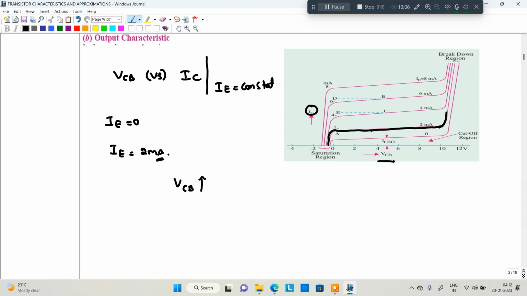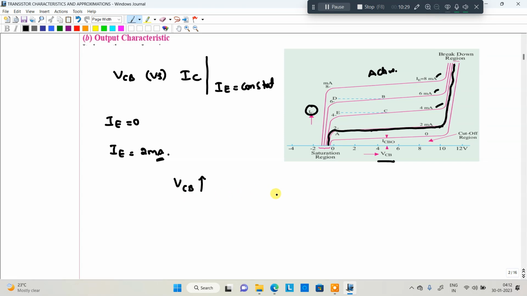Once it goes beyond the breakdown voltage, the current suddenly increases. So this is the active region. Now keep on increasing to different values: 4 milliamperes, 5 milliamperes, 8 milliamperes. This particular graph will appear. This is the output characteristics. Okay, this is very important.